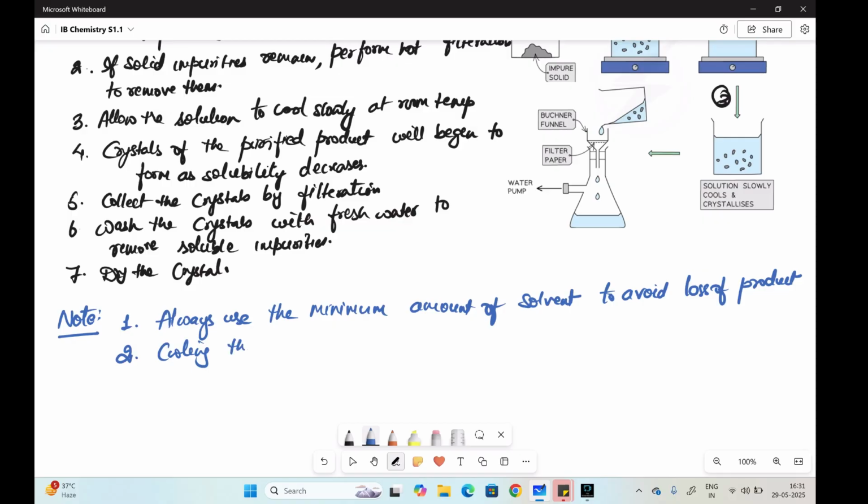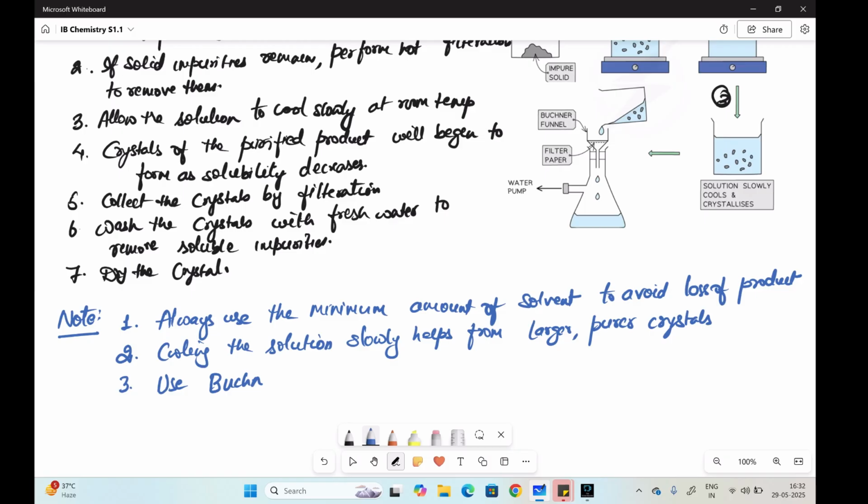Cooling the solution slowly helps form larger, purer crystals, right? Use Buchner filtration. Why? To reduce the pressure compared to gravity.